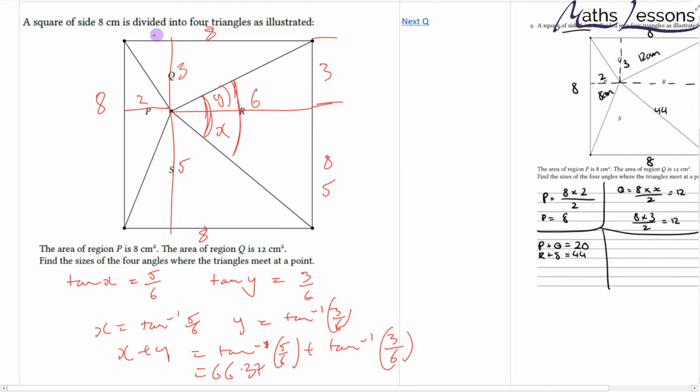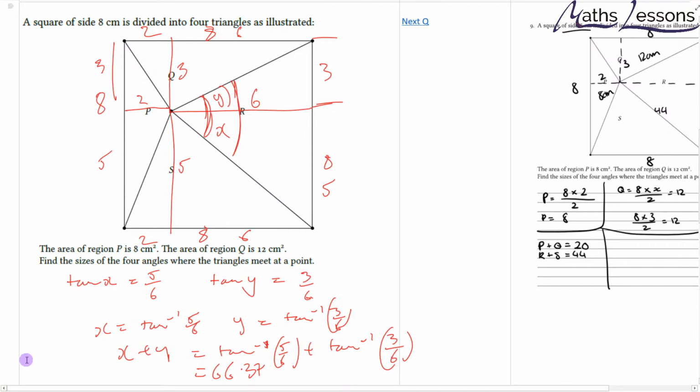So you know that this side here is going to be 2 and this 6, so you've got the opposite over adjacent to get those two angles, and just go around repeating the process. So we've got 3 over 2, and you've got 5 over 2 here. And we know that this side's 2 and this 6, and you've got 2 over 5 and 6 over 5. And you just go around adding them all up.